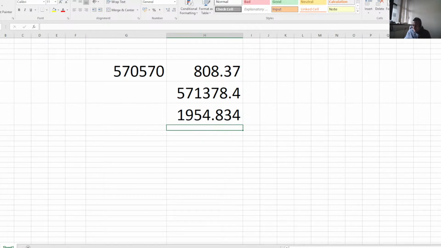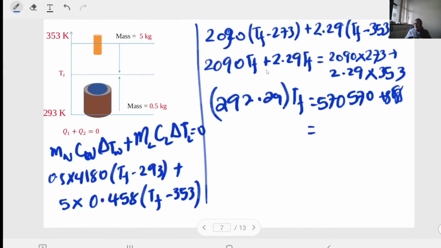What I've been doing is, I'm going to bring it here. Basically, mass of the water, specific heat capacity of the water, delta T of the water plus mass of the lead, specific heat capacity of the lead, delta T of the lead must be equal to 0. Mass of the water is given as 0.5, specific heat capacity is given. T final minus 293 plus 5, the mass of the lead, specific heat capacity of the lead, times T final minus 353.